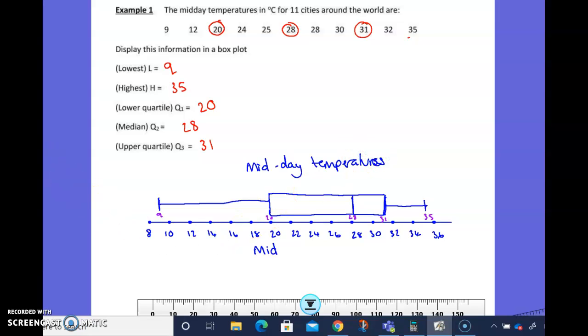And the bit down the bottom is the actual temperatures. I'll imagine that line's still there because the chances of me being able to draw that in are pretty slim. So that's temperature. And that is a box plot.